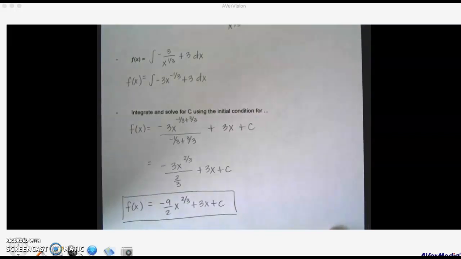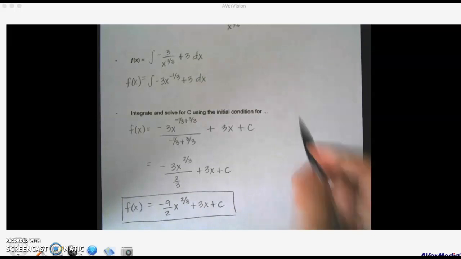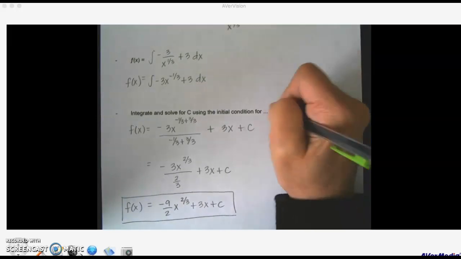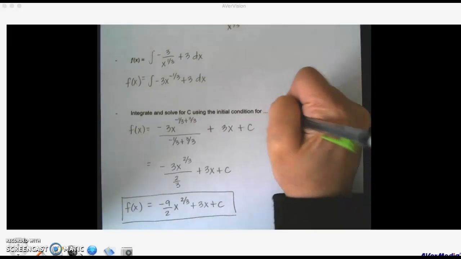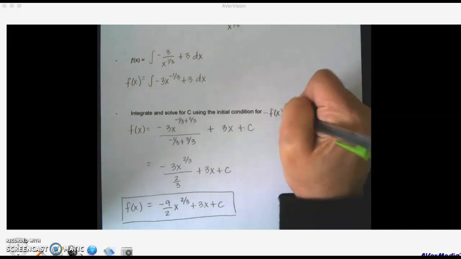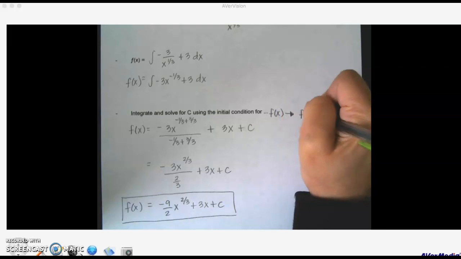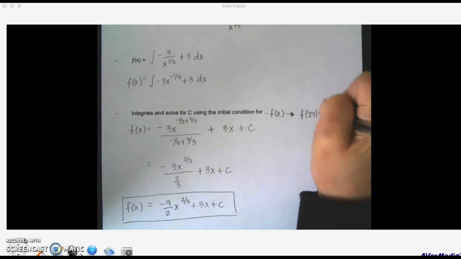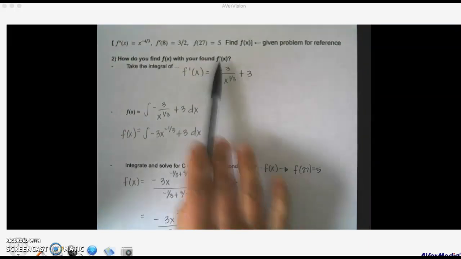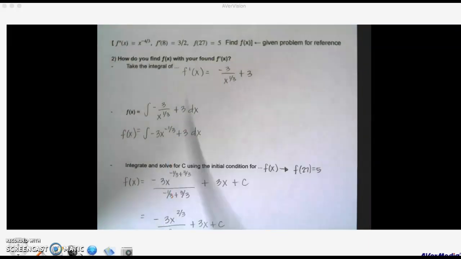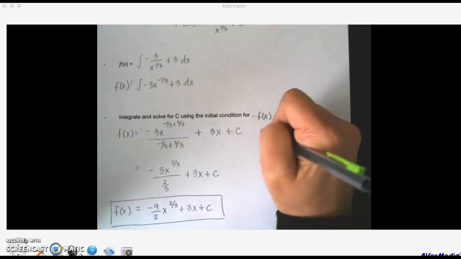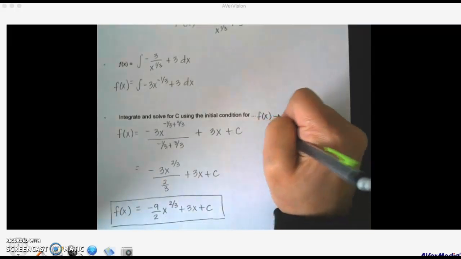The last thing that we're going to do is solve for our c again using the initial condition for f of x, which we know is given that f of 27 is equal to 5. Okay, so we got that from right up here. That's our initial condition. So again, we're going to solve for c on the side here.